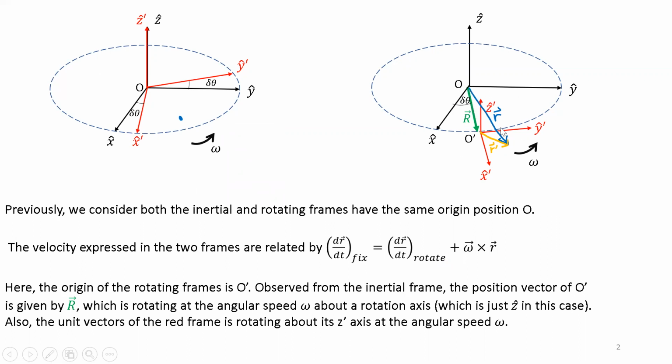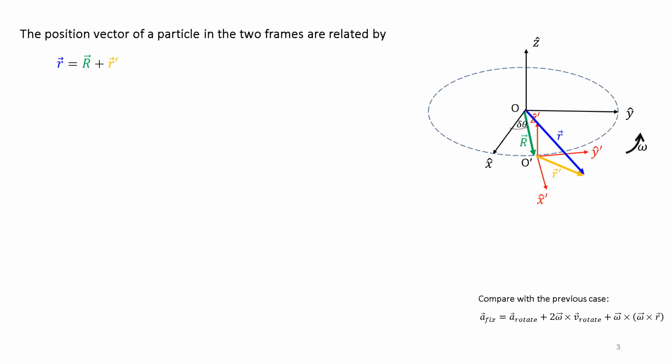One is given by R, the other is given by R prime. Let me draw the picture one more time. Now, just by vector addition, you understand that this blue r is given by this capital R plus R prime.